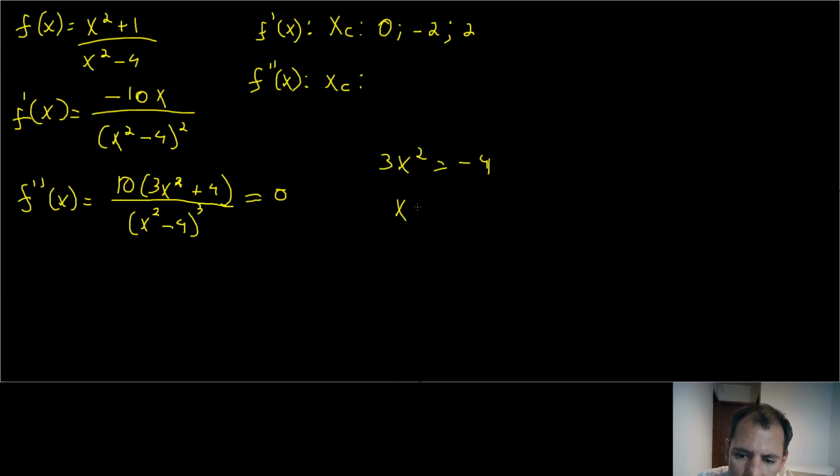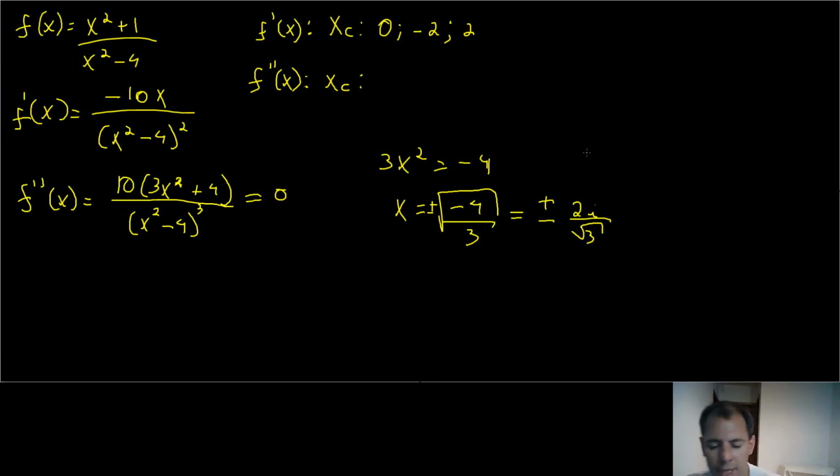And then you have x squared equals minus 4 divided by 3. And it's going to be the plus or minus square root of this. So it's going to be a square root of a negative number, which equals plus or minus 2i divided by the square root of 3, because i is the square root of minus 1. This is a complex number.